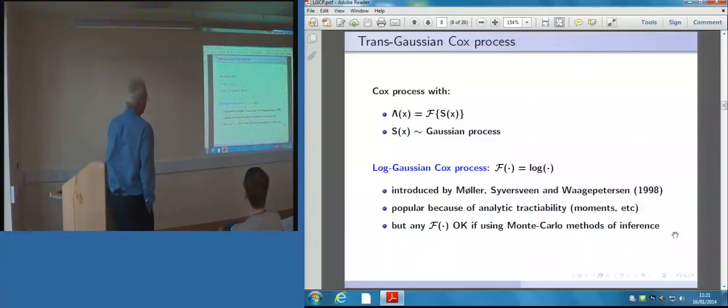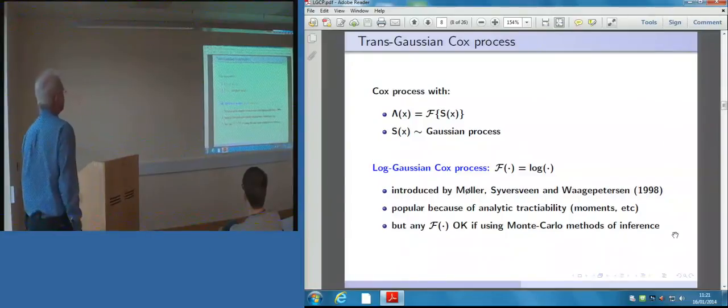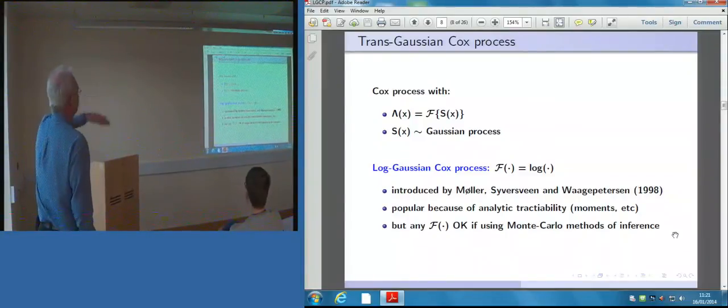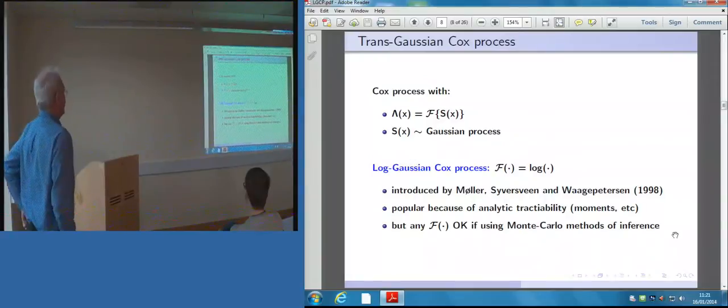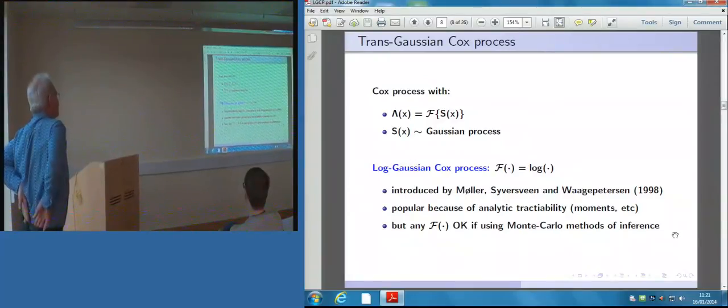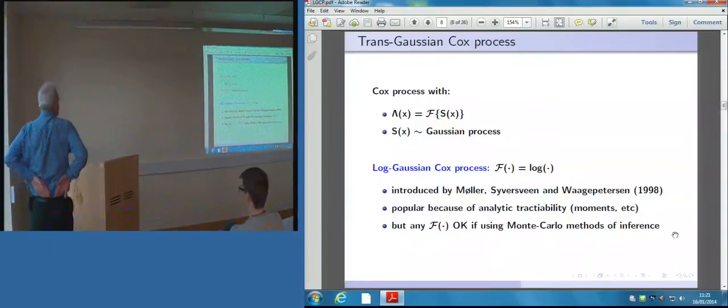But actually, it has certain properties that in some senses might be unrealistic, basically because the exponential of S of x is such a severe transformation. So if you want to use a milder transformation to something non-negative, you should feel free to do it. But the log-Gaussian one is the most popular, and it does have certain advantages because of its analytic tractability. But if you're doing your inference by Monte Carlo, it really doesn't matter which transformation you use.